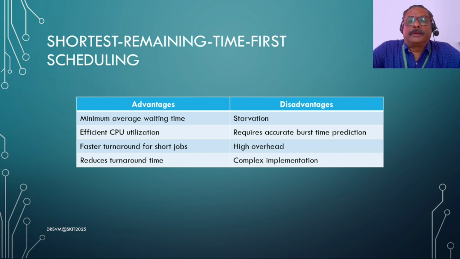So a very accurate prediction is required for each burst time, and it's a little difficult to make sure, because our processes usually may contain some loops and all that, and just we cannot statically say that what is the number of times the loop can take up and all that. So it may vary from situation to situation.